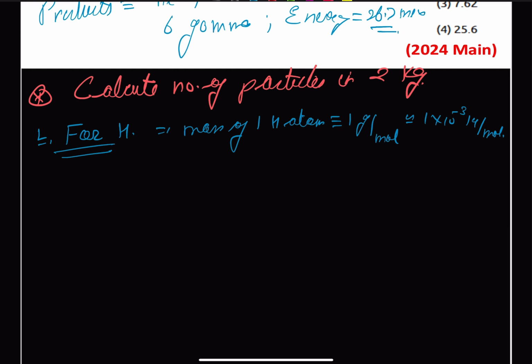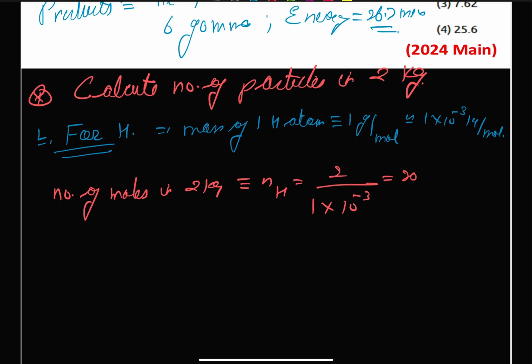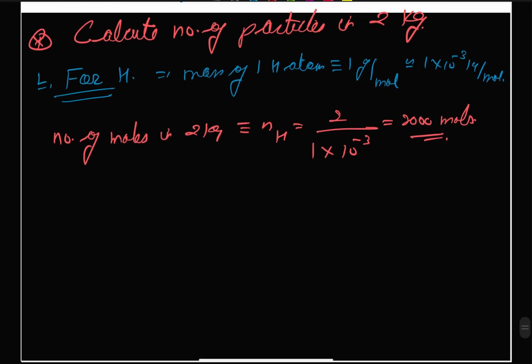Therefore number of moles in 2 kg, that is our N of H, is equal to 2 divided by 1 into 10 to the power minus 3, giving us 2000 moles. Now we can easily find out number of hydrogen nuclei.